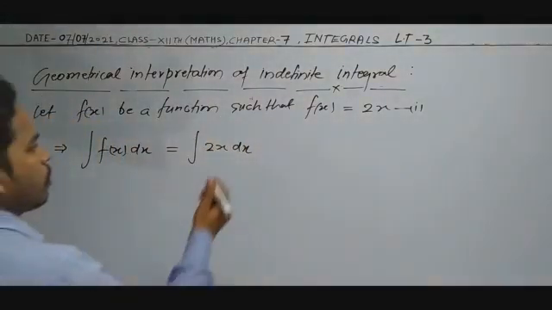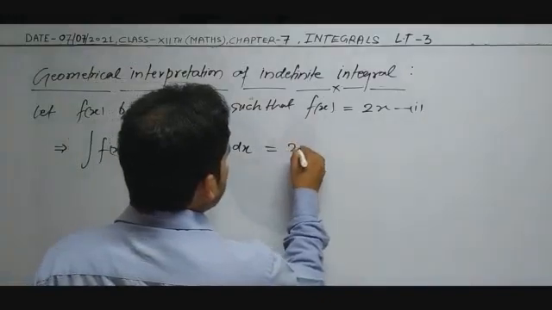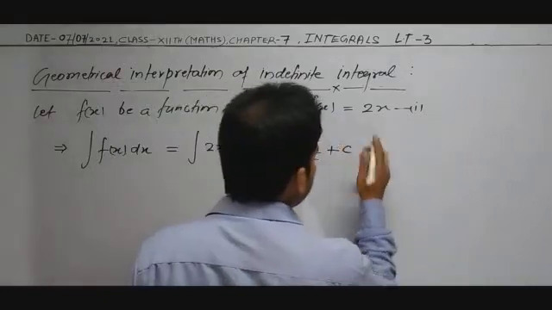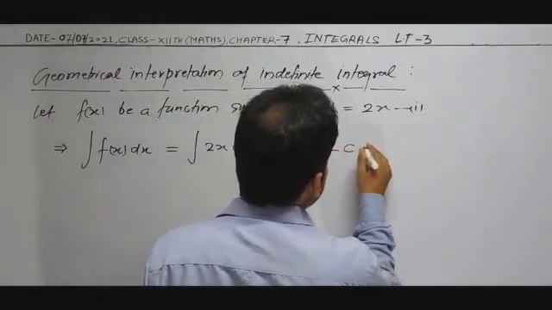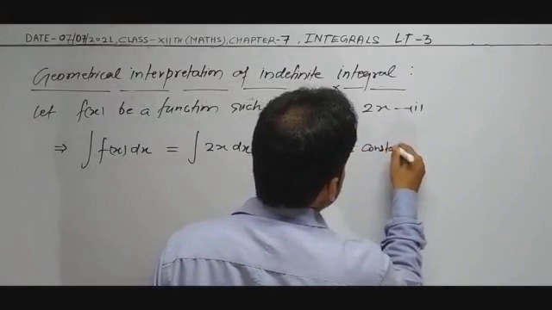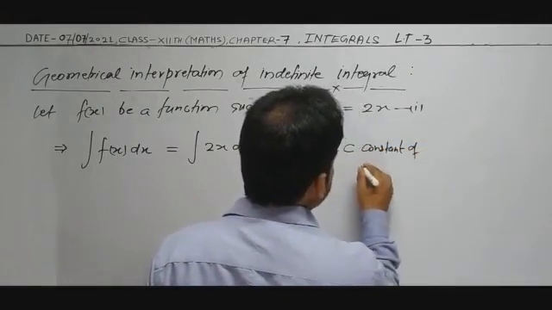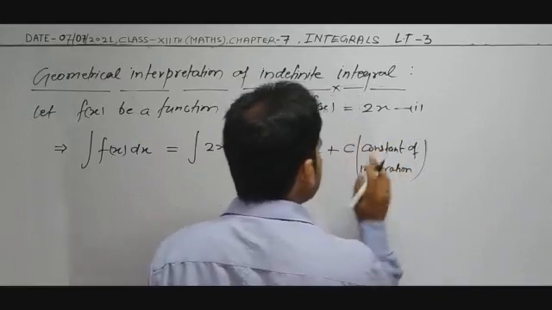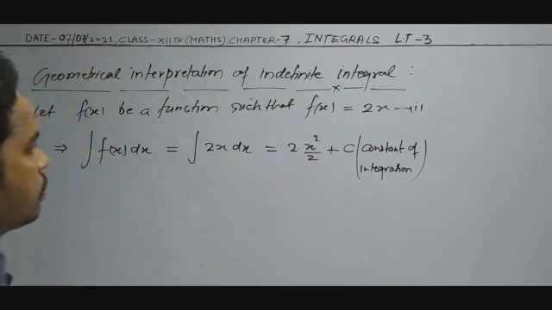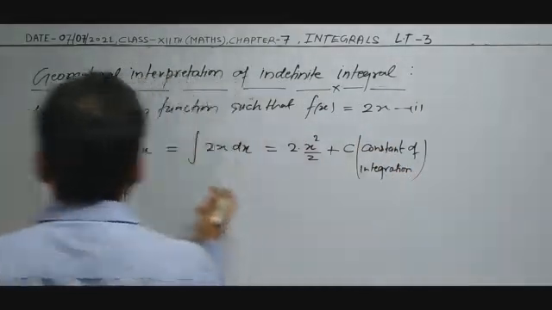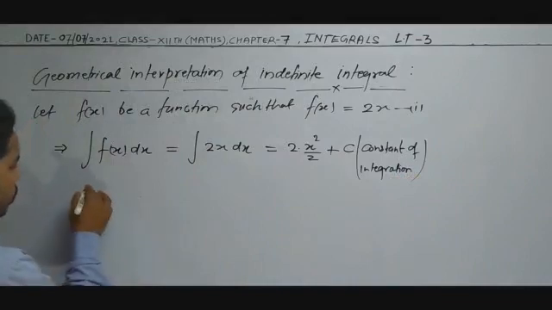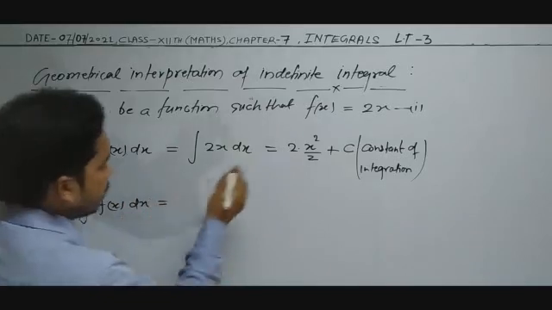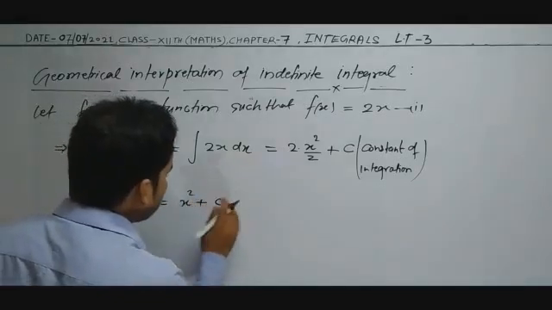Its result will be 2 times x square by 2 plus c, where c is the constant of integration. So the integration of f(x) dx, the result you will get, is x square plus c.